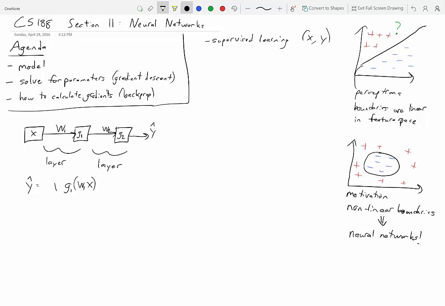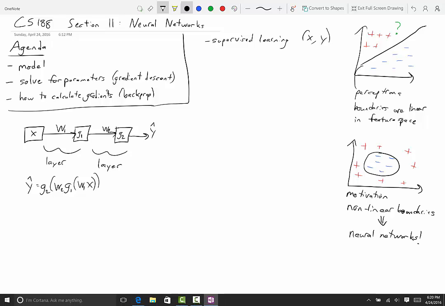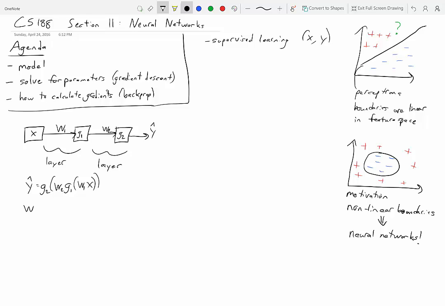Now we multiply the output by W2, and then we pass it through the function G2. So this is what Y hat is. So let me write out, we have the weights, Wi. These are weight matrices. And we have Gi, which are called activations.